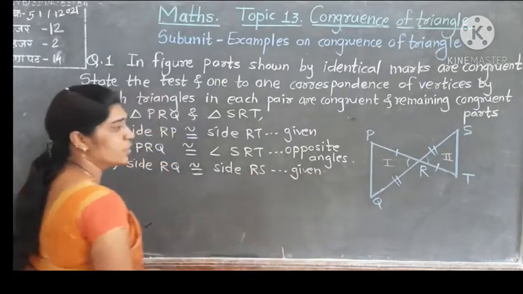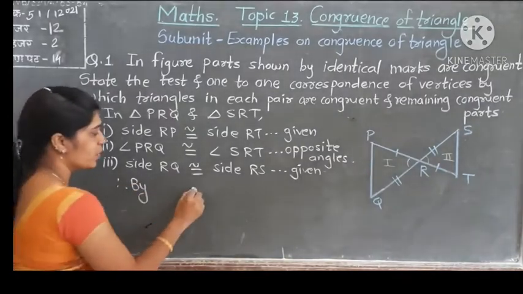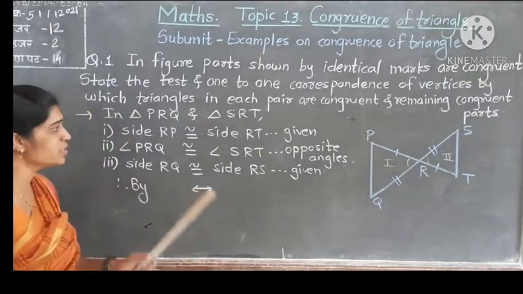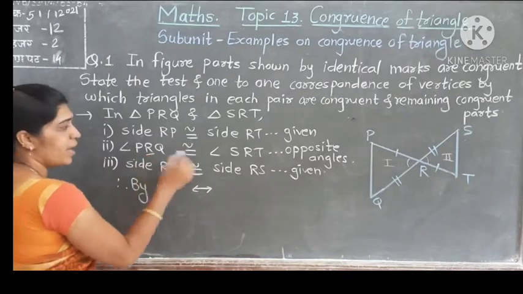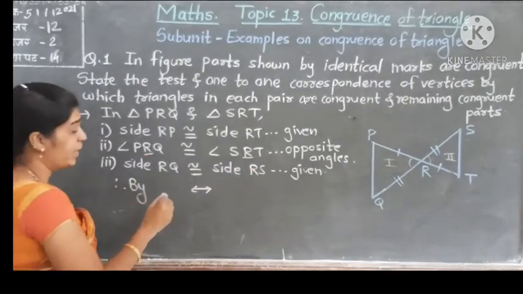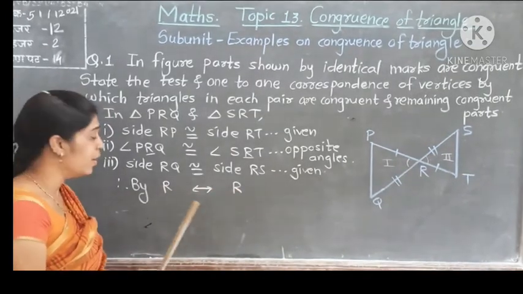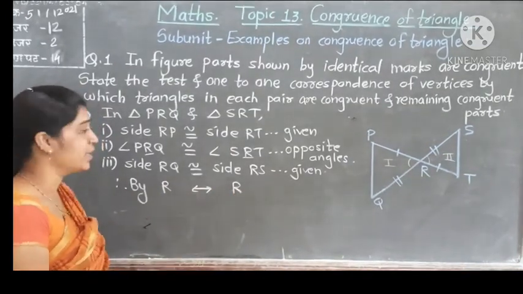It is also given. Therefore, by which correspondence do we write one-to-one correspondence? See, angle R corresponds to R. We take R in the middle. You can take it at the start, middle or last, but keep it in the same place. I take it in the middle.